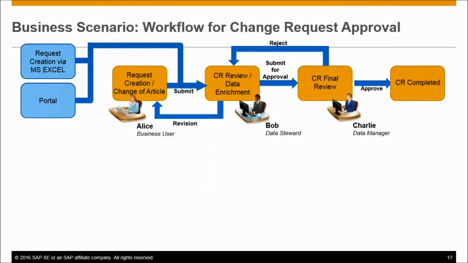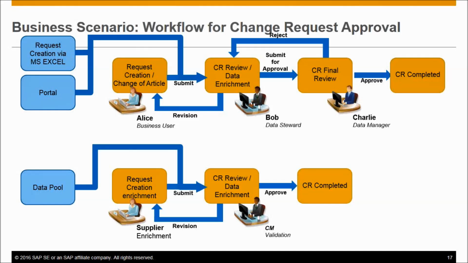So in this slide here, I actually talk about the different workflows. So this is an example of a workflow. When I walk out to a client and do a demo, this is typically my top workflow. And that could be a workflow in case it is manually created by me or Alice on the slide here, if it is uploaded by a smaller vendor from a portal, or if it is uploaded by an Excel spreadsheet, as we're going to see in a little bit.